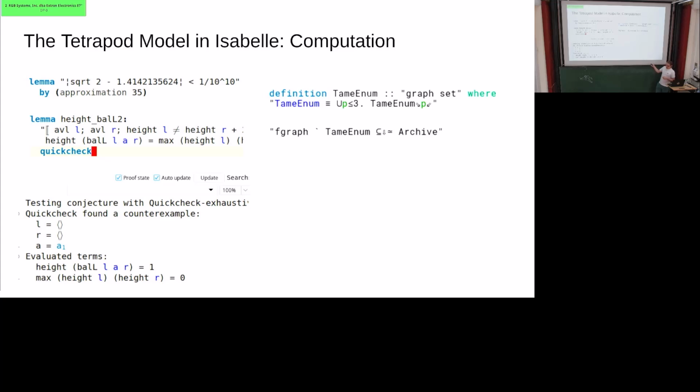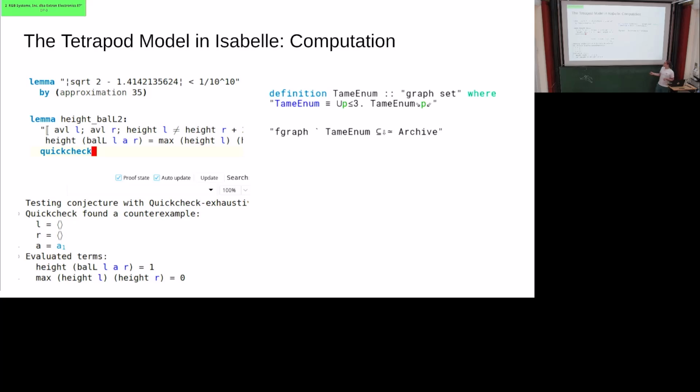This was done in Isabelle by actually going through all the graphs and picking out the tame ones to prove this conjecture. And it turned out that there was a bug in Thomas Hales' code to produce this archive, so very good that this verification happened.